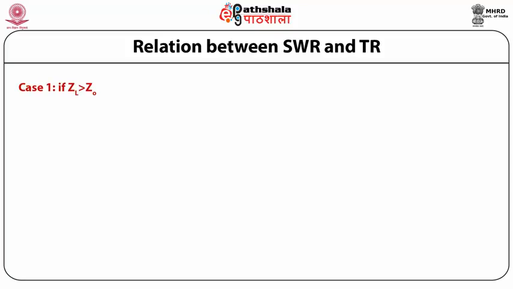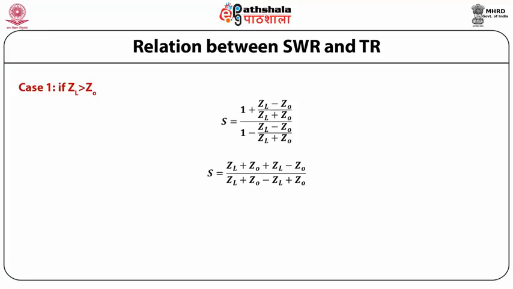If ZL is greater than Z0, S equal to 1 plus ZL minus Z0 divided by ZL plus Z0, this whole divided by 1 minus ZL minus Z0 by ZL plus Z0. So S equal to ZL by Z0, greater than or equal to 1.